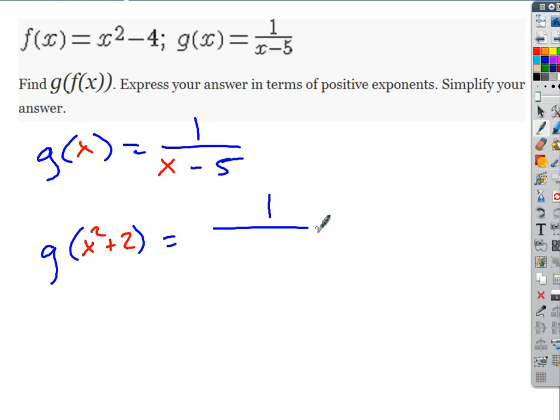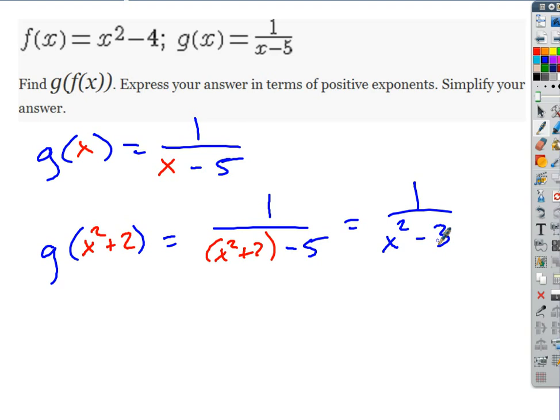Yeah, it's going to be 1 over that, x squared plus 2, minus 5. That's it. Now we could simplify that. That's going to simplify to 1 over x squared plus 2 minus 5, which is just 1 over x squared minus 3. Everybody see what we're doing? Okay. That's all we're doing.